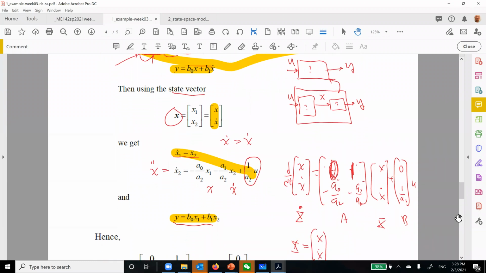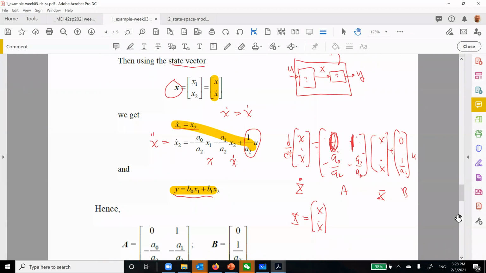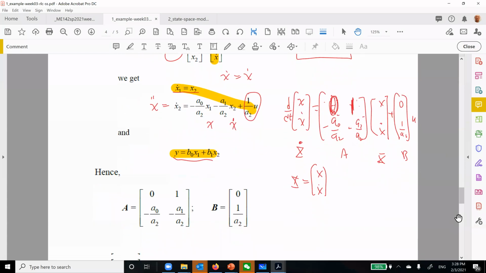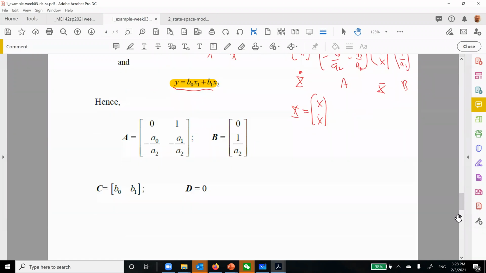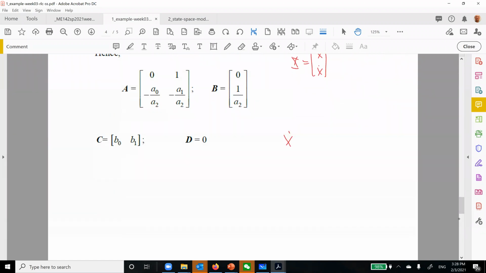So it becomes a state equation versus an output equation, and my C becomes b0 and b1. So in the end, you have x dot is Ax plus Bu and y is Cx. So this is our state space relationship, okay?